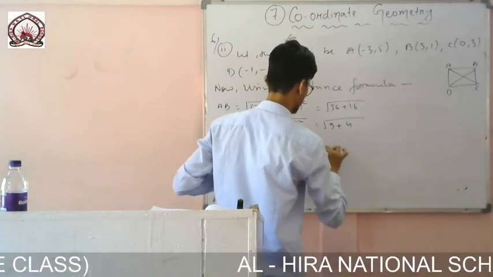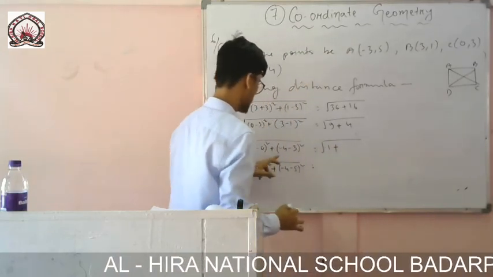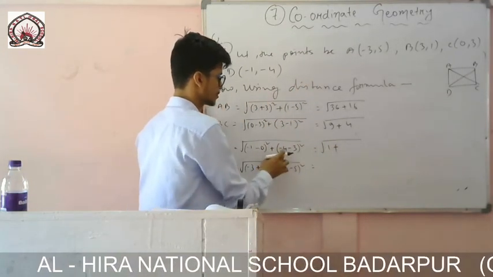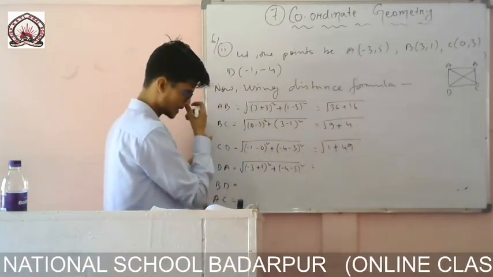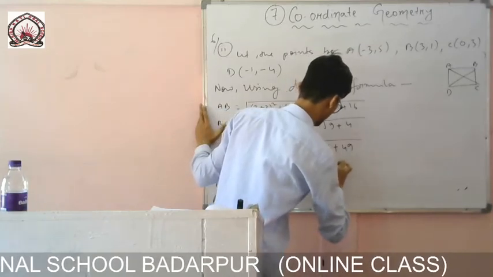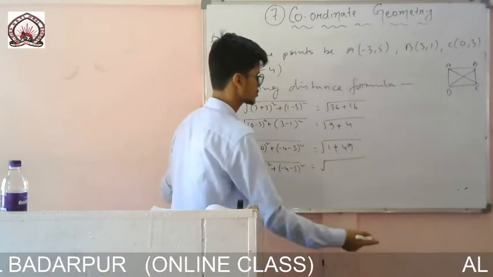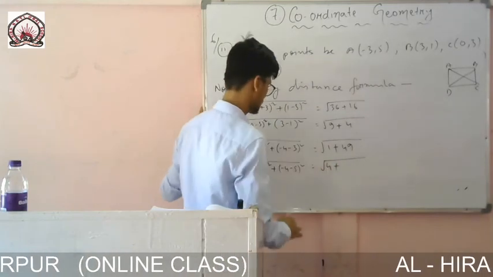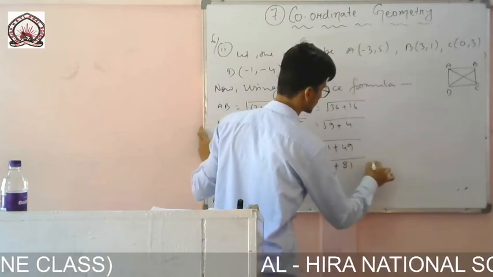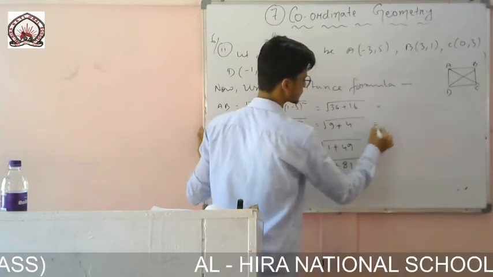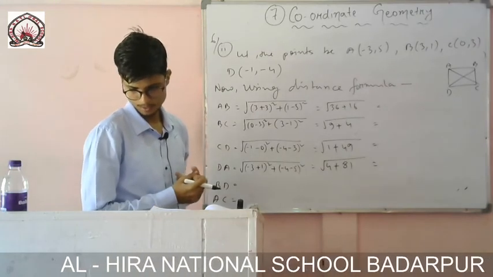Then CD: minus 1 minus 0 is minus 1, square is 1, and minus 4 minus 3 is minus 7, 7 square is 49, the minus sign vanishes. Next one: minus 3 plus 1 is minus 2, square is 4, plus 5 and 4 is 9, 9 square is 81.